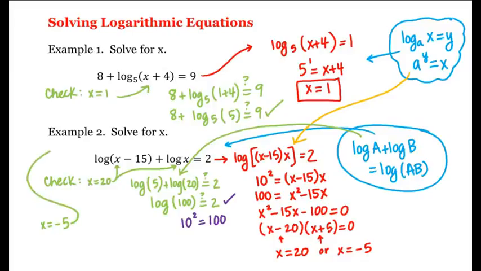What about x equal to negative 5? Well, that would require us to plug in a negative 5 here as well as here, which we can't do, right? Because log of negative 5 minus 15, which is log of negative 20, and log of negative 5 are both undefined.